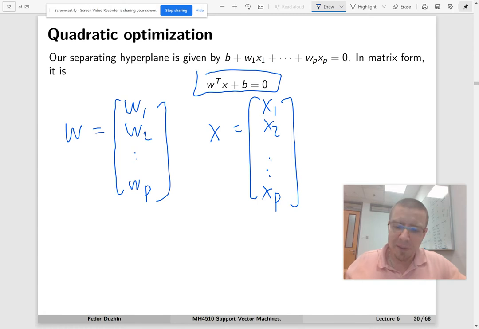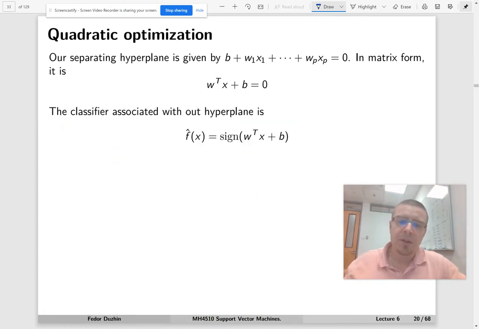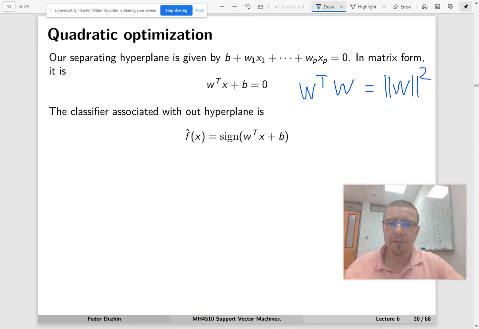At the same time, and this is going to be important, if you take W transpose times W, this is the same as the dot product of W with itself, and this is the square of the norm of W. So this is our classifier associated with the separating hyperplane.